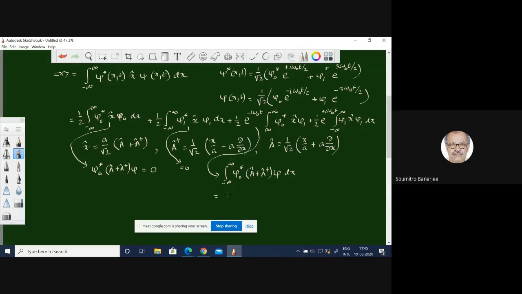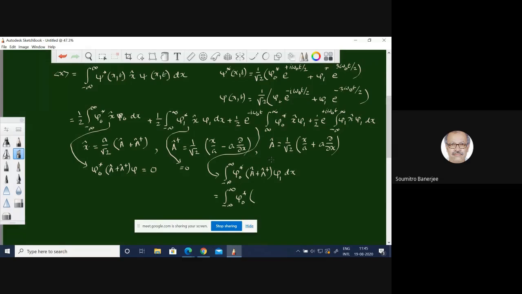This will be minus infinity to infinity, and then psi naught star. This one was psi 1.